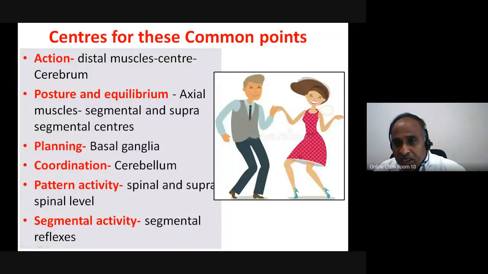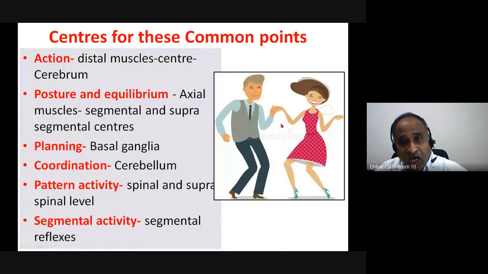Then you also see both of them are in erect posture, trying to maintain the equilibrium. They are not falling down. Both of them have a definite posture. That is maintenance of the posture and equilibrium and gravity. So this is done by these axial muscles, that means the muscles of the back around the vertebral column.